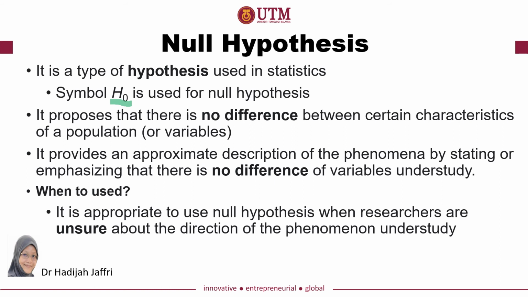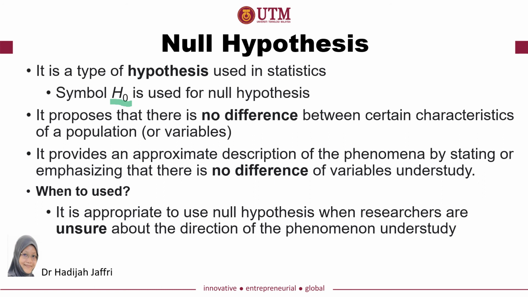In this case, the characteristics could be the variables that you are exploring. It provides an approximate description of the phenomenon by stating that there is no difference in the variables.